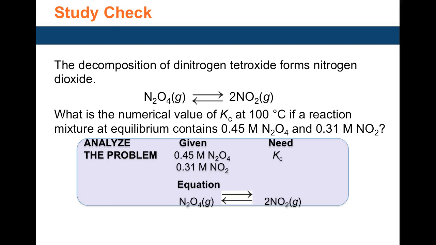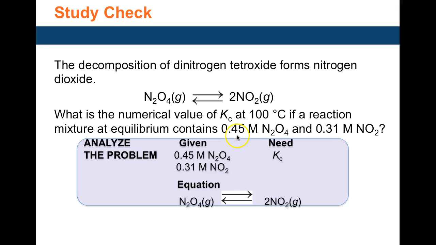All right, so it says here N2O4, dinitrogen tetroxide, breaks down to form nitrogen dioxide, 2 moles or 2 molecules of it. And it says, what is the numeric value of Kc at 100 degrees centigrade, if that's the reaction temperature, all right?